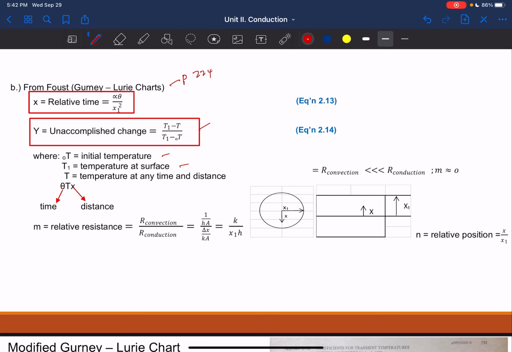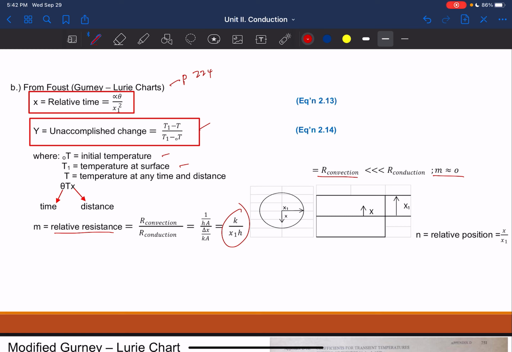Okay? And if you have a relative resistance, which is usually R convection, resistance due to convection over resistance due to conduction, that is equivalent to Kx1 over H. But if there are cases that your convection is much smaller than your conduction, you assume M is equivalent to 0.